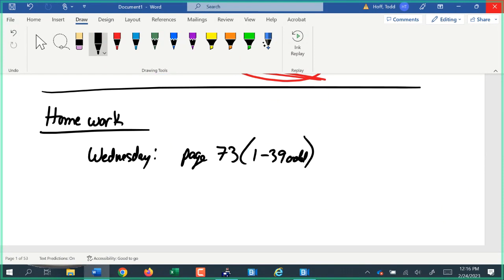So again, working with the proportion, the ratios, the rates, and then calculating in proportions. Then for today, the further applications of percents is page 78, 1 through 35, the odd.